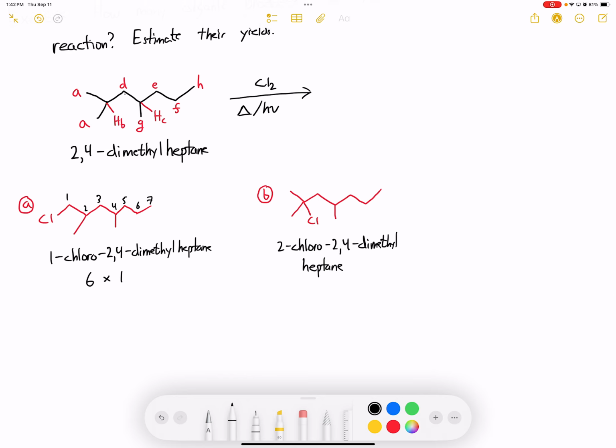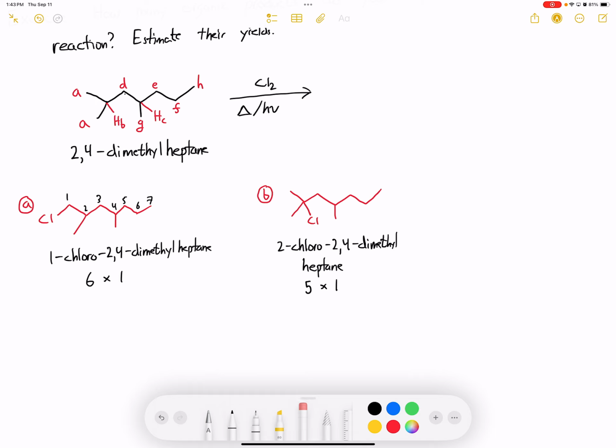I'm not saying tertiary, just this position. How many HBs did I write up there? 1, right? So that's going to be 5 times 1.